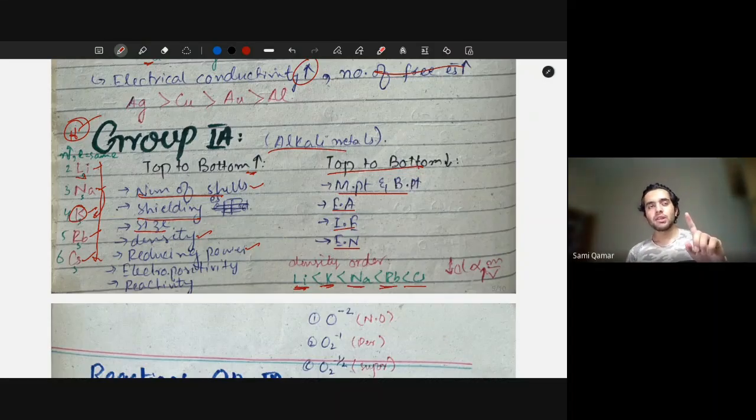The first one is the periodic table. The second one is electrochemistry, the third one is atomic structure, which are asked every year, and the fourth one is acid bases. From here, 2 to 3 questions. Okay, if you can just prepare all these four chapters, all your questions will be clear. With the periodic table, you need to add chemical bonding as well because then you can identify them, and force of attraction as well.